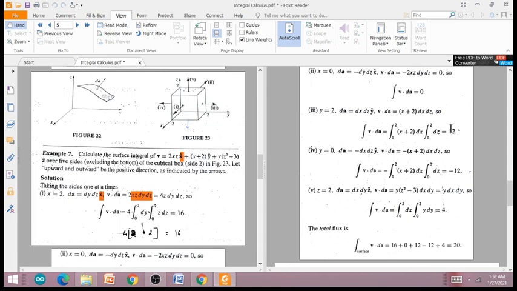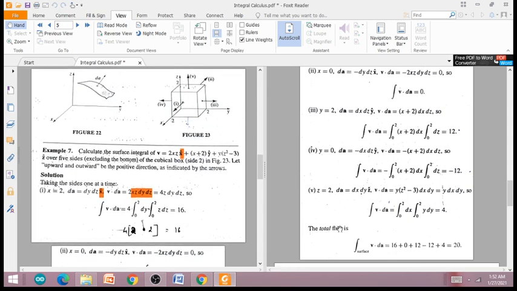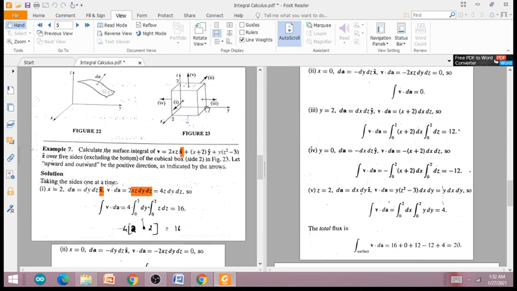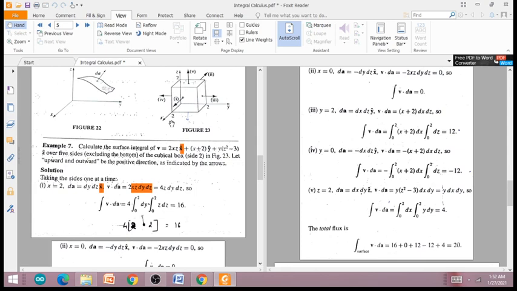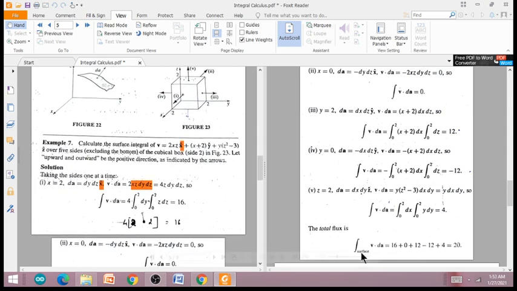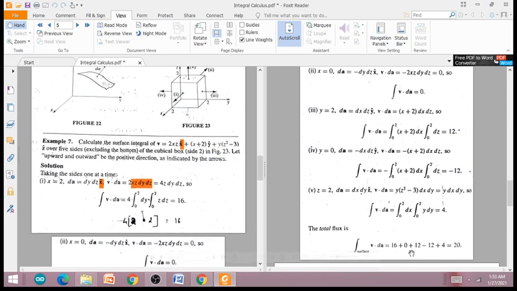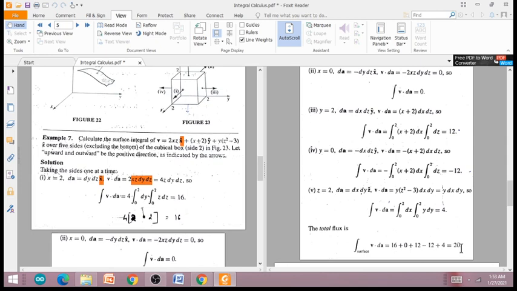So you will get different answers, and you can do the total flux through the cubic unit of dimension 2 lattice. That will give us the integration of a surface v dot dA and do the summation, it will be total is 20.